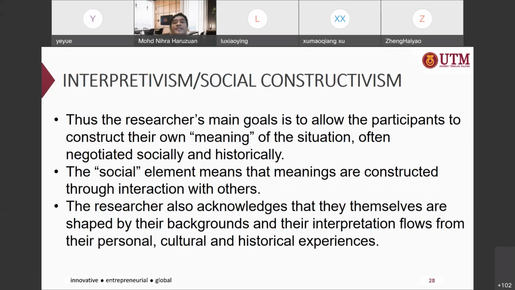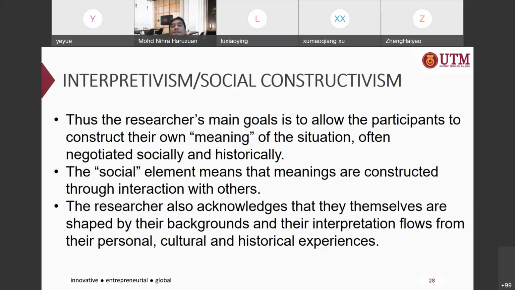Thus the researcher's main goal is to allow the participants to construct their own meaning of the situation, often negotiated socially and historically. The social element means that meanings are constructed through interactions with others.